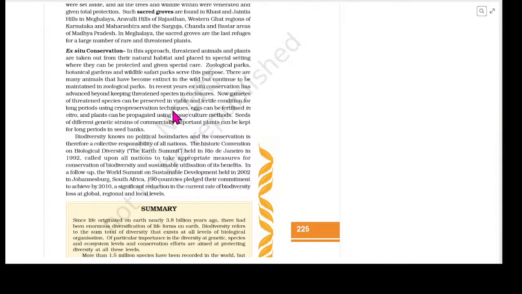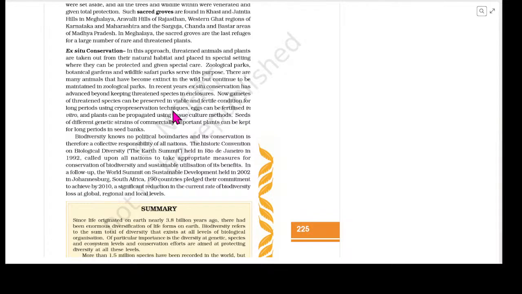Biodiversity knows no political boundaries, and its conservation is therefore a collective responsibility of all the nations. The historic Convention on Biological Diversity, the Earth Summit, held in Rio de Janeiro in 1992, called upon all nations to take appropriate measures for conservation of biodiversity and sustainable utilization of its benefits.